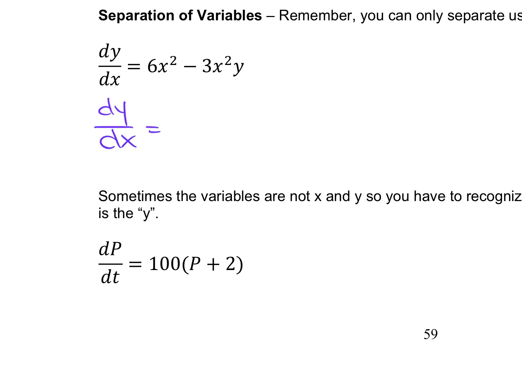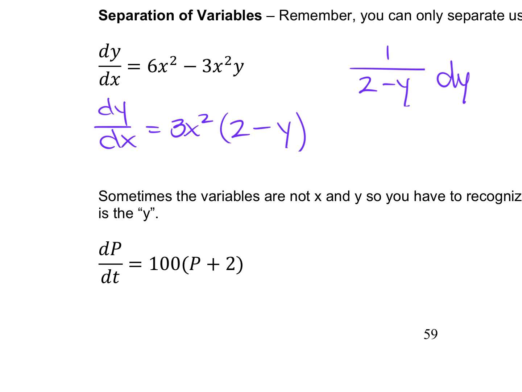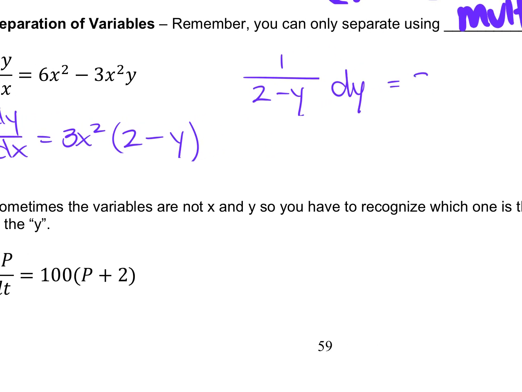What can I factor out? I can take a 3x squared out, which would leave me 2 minus y, which then allows me to divide. If I divide, then I can have my 1 over 2 minus y dy equals 3x squared dx, and then integrate both sides with respect to each piece.